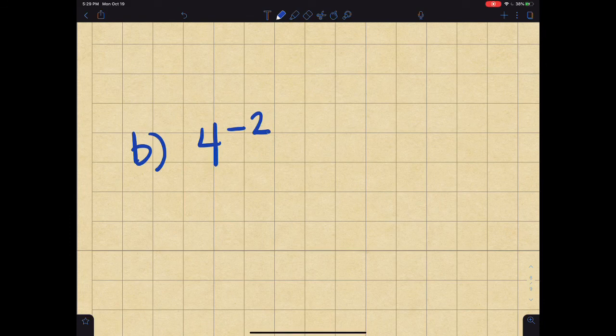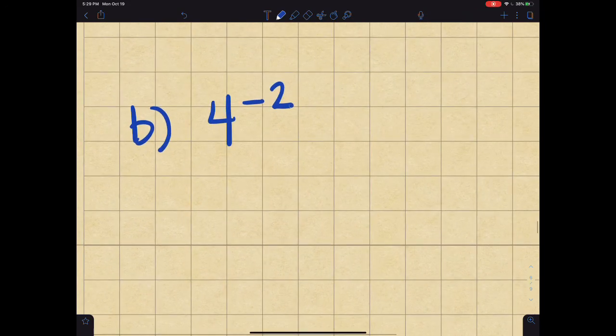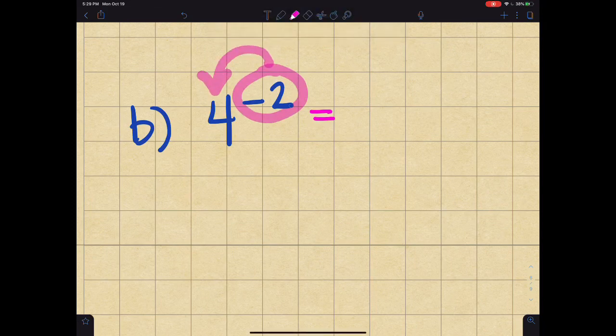Okay, I'm going to move on to b. So b is 4 raised to the negative 2 for an exponent. This is probably a little bit of a review, but I just went over how to do this. When you have a negative exponent, what you're going to do is move this expression, because this exponent applies to this expression, which is immediately in front of it, right?